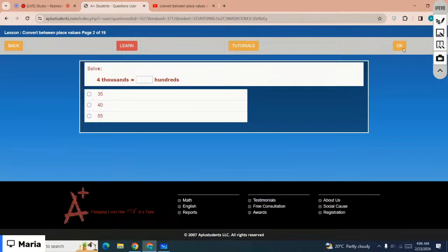How? Because in 100 you have 10 tens, and in 1000 you have 10 hundreds. So obviously 4000 has 40 hundreds. The correct option is 40.